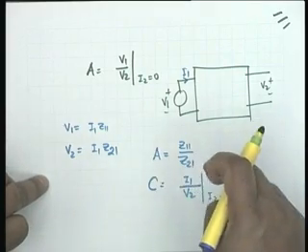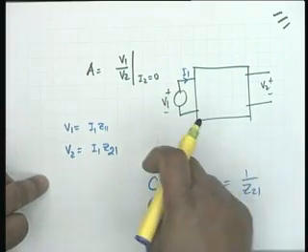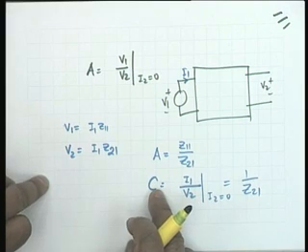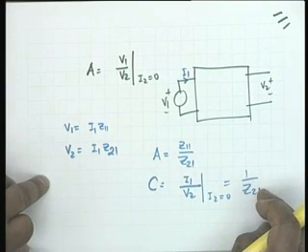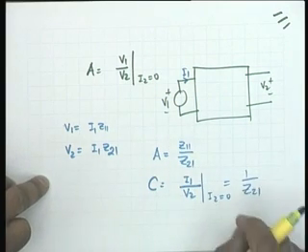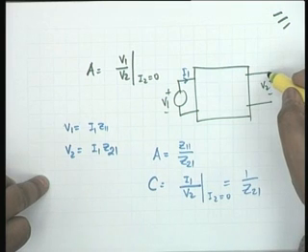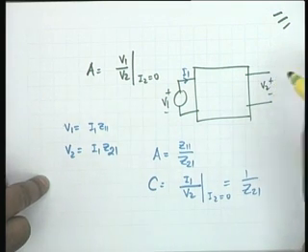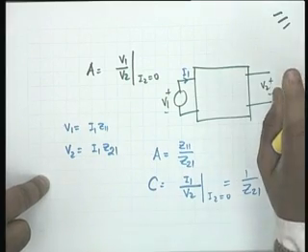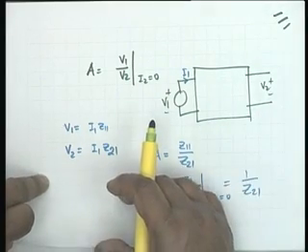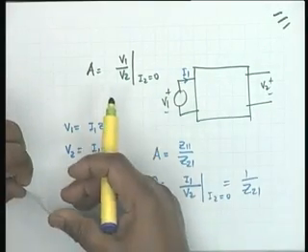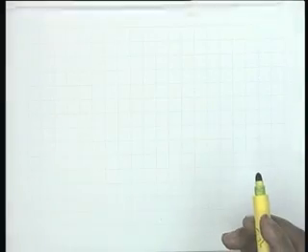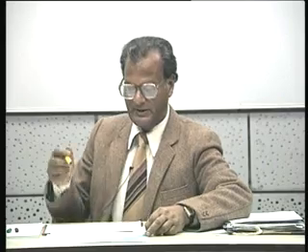Now, I could relate A and C to Z11, Z21 very easily because I kept this open, and with open circuit, the Z parameters are measured under open circuit conditions.